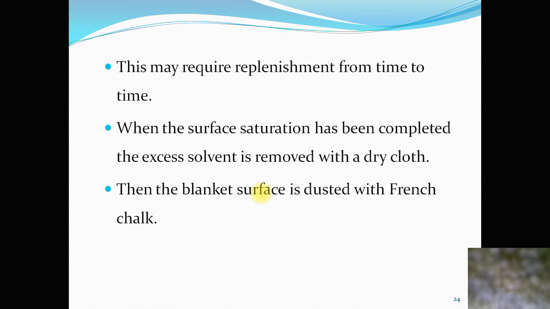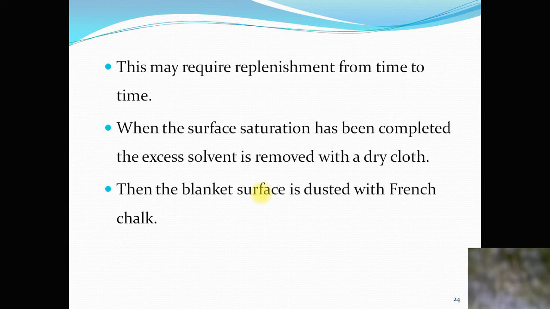Normally, lubricants are liquid lubricants like oils, semi-solid lubricants like grease. All these things you might know. But what is a solid lubricant? Here we need to use a solid lubricant. I think all of you might know about French chalk, which is used in the carom board.